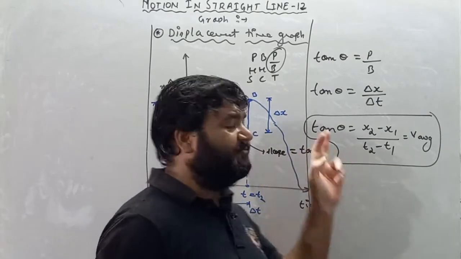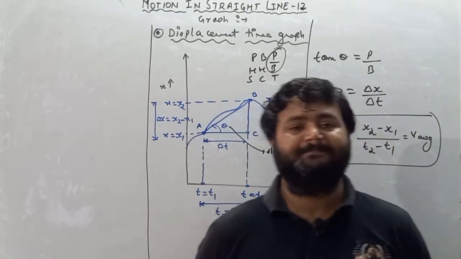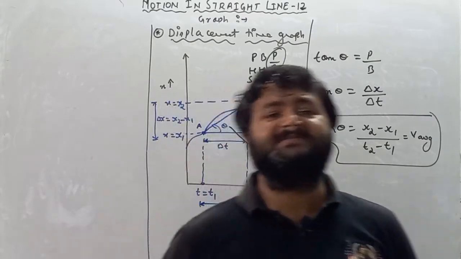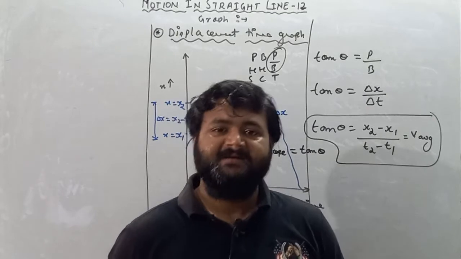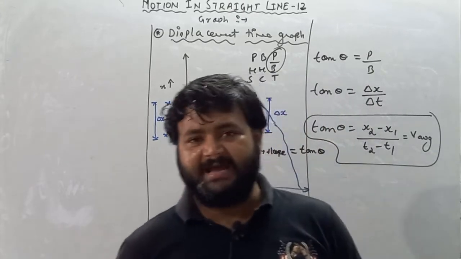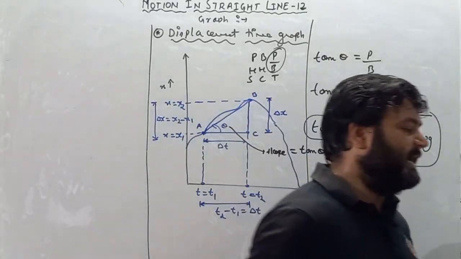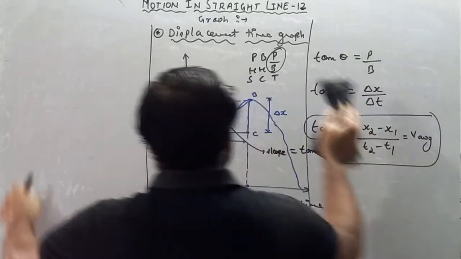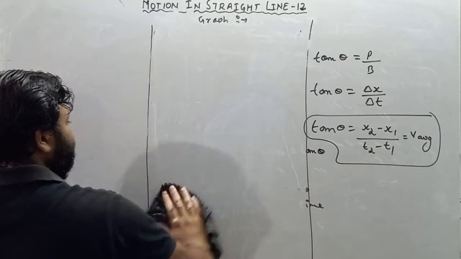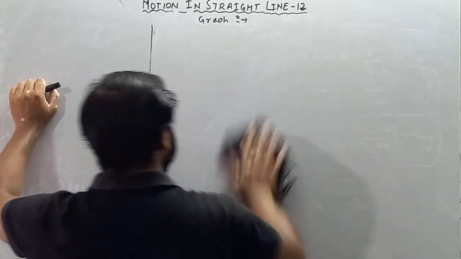Then if we find the slope in terms of tan theta, that slope gives the value of average velocity for time t equal to t1 to t equal to t2.